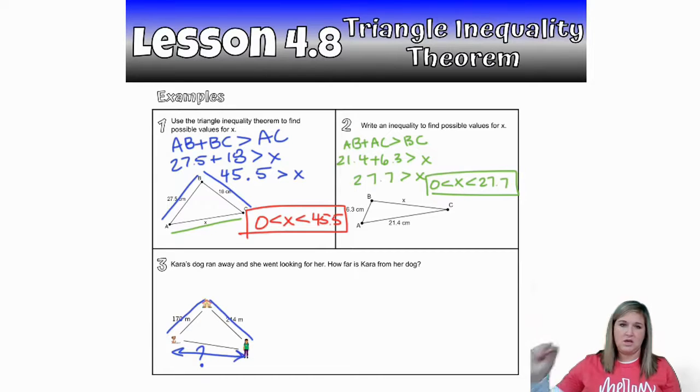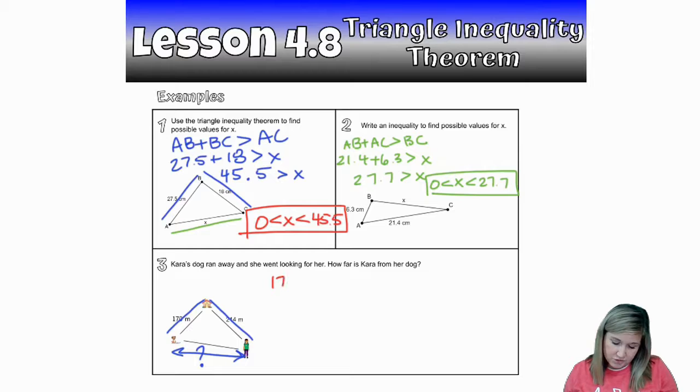Just basic triangle method there. So I know that 170 plus 214 has to be greater than our distance here.